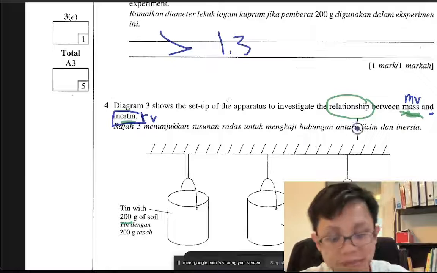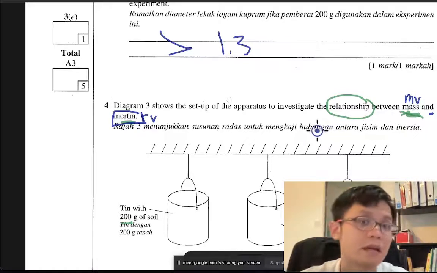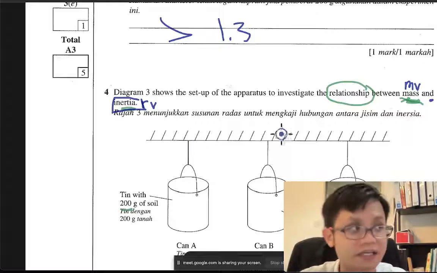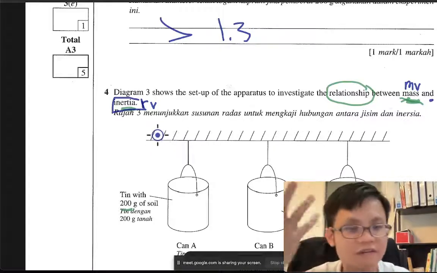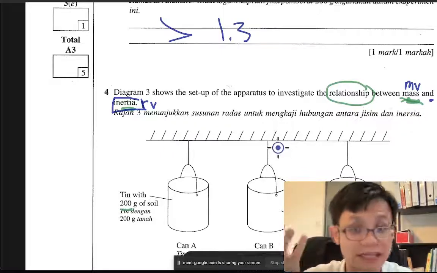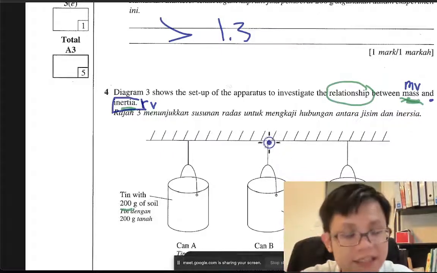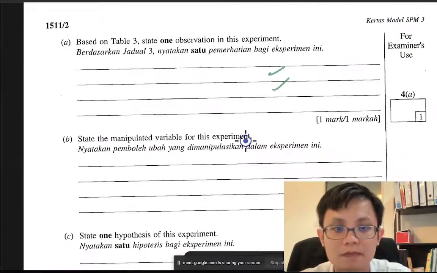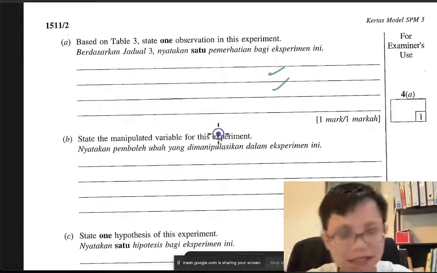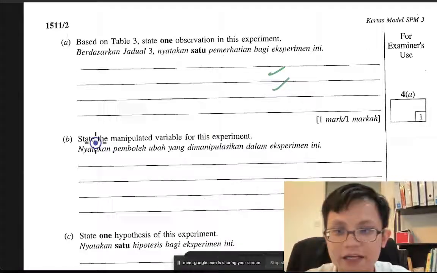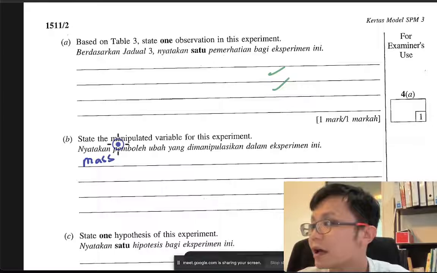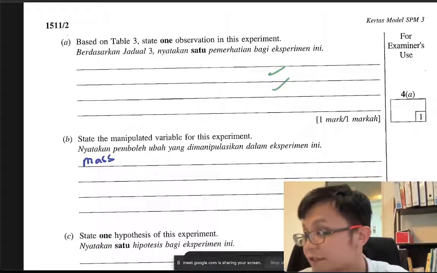So you may want to test how volume affects inertia, how mass affects inertia, and maybe how wind affects inertia, I don't know. And then you test out whether your hypothesis is true or false. I'm just saying you want to experiment it. Okay, state the manipulated variable will be the mass. So you will get 1 point for this one.